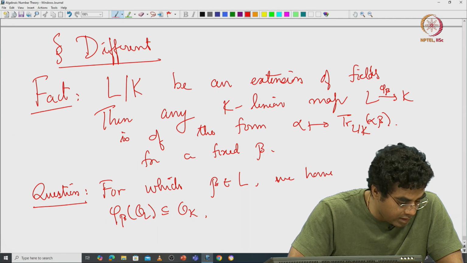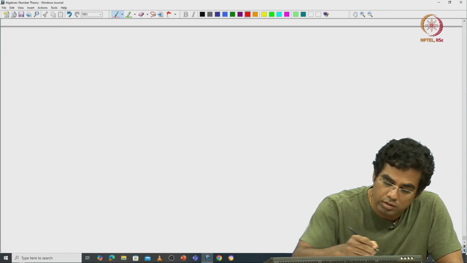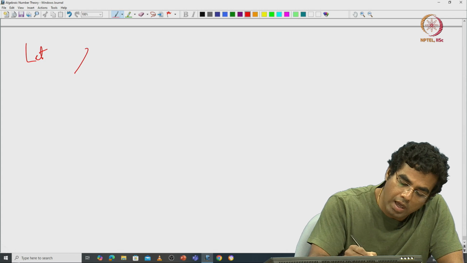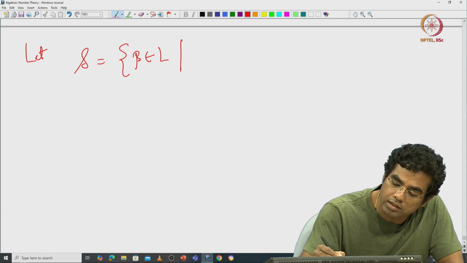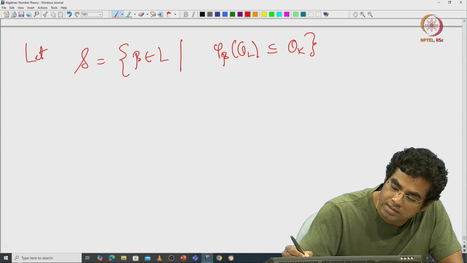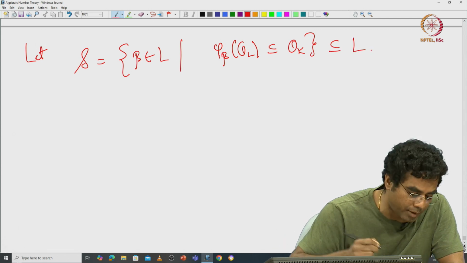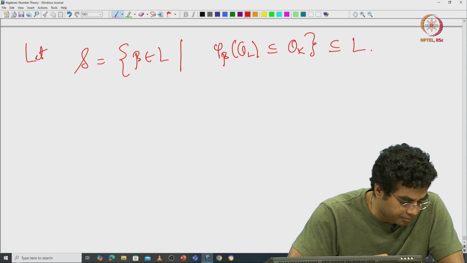So, we can define that as follows. Let S be the set of all beta in L such that phi beta of OL is contained in OK. This is a subset of L a priori, but this subset has a very nice property.